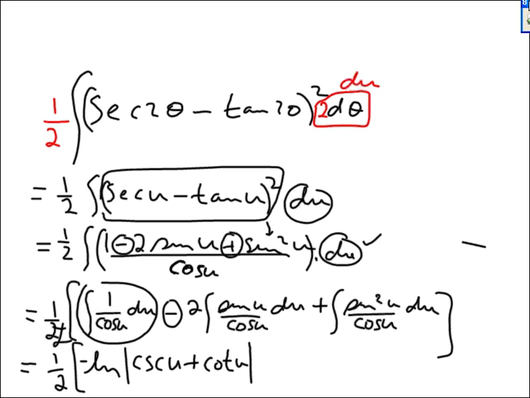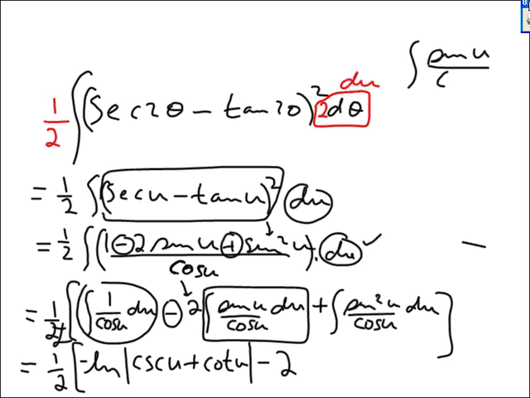Okay, minus, now that 2 is just going to stay. It's going to be 2 times whatever I get for that. The integral of sine u over cosine u du. If I call this u, okay, I already have u, so I'm going to call it v.